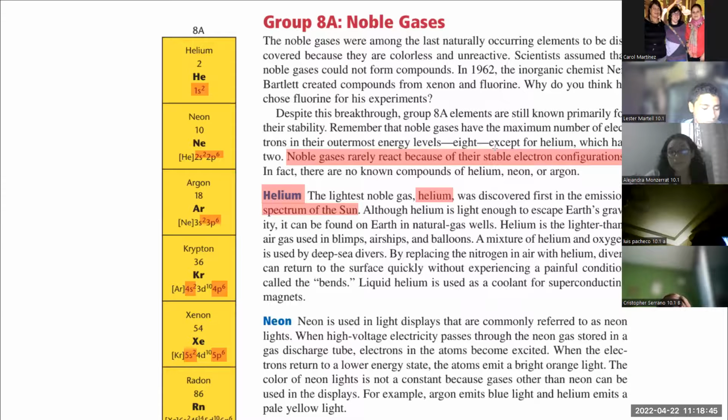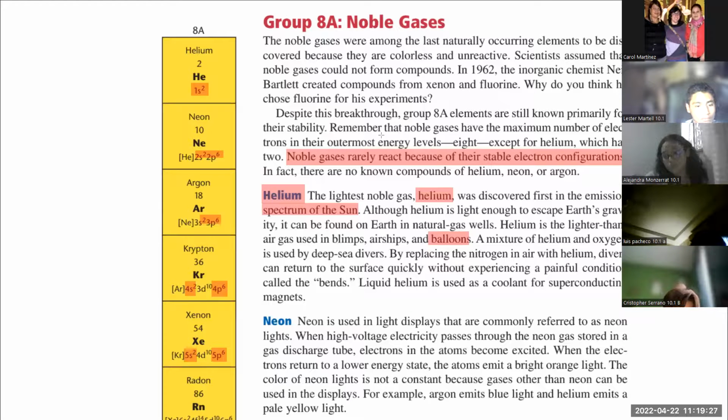Helium is the lighter-than-air gas that we use here in balloons, like I was telling you. A mixture of helium and oxygen is used by deep sea divers, okay. So as you can see, it is safe. Yes, it is safe. That's why they are noble gases. They are safe, okay. That's how safe an element is, based on its ability to react.